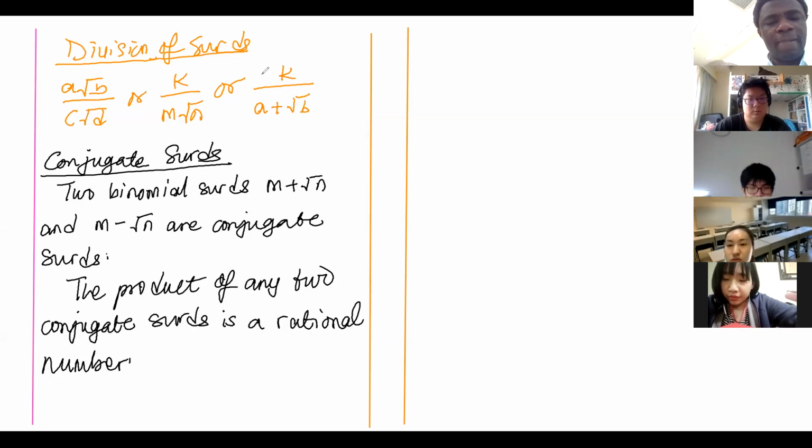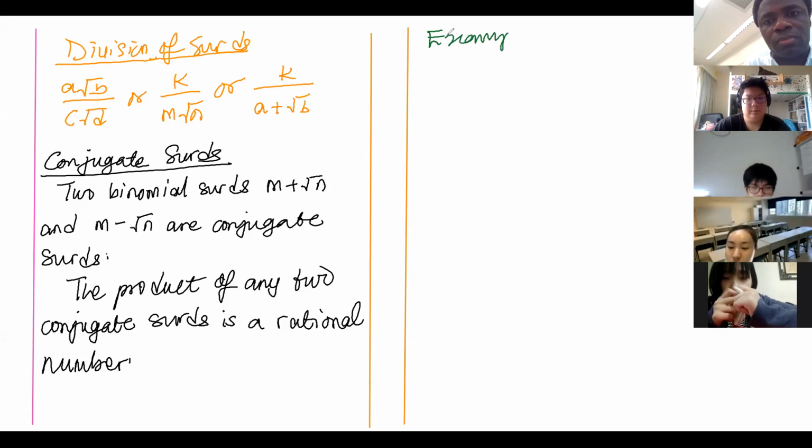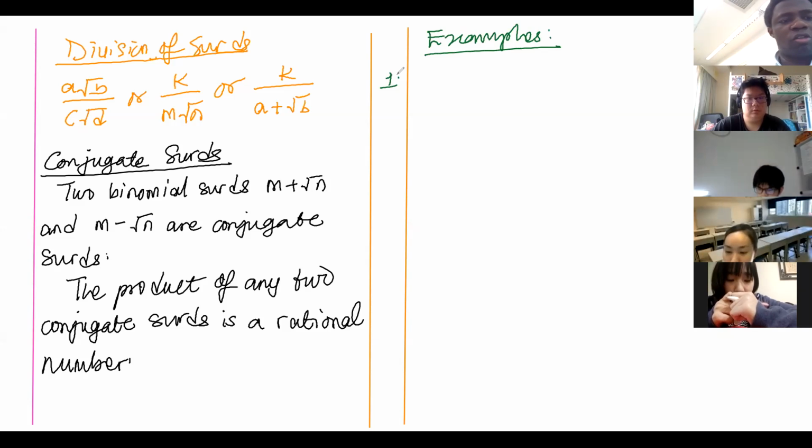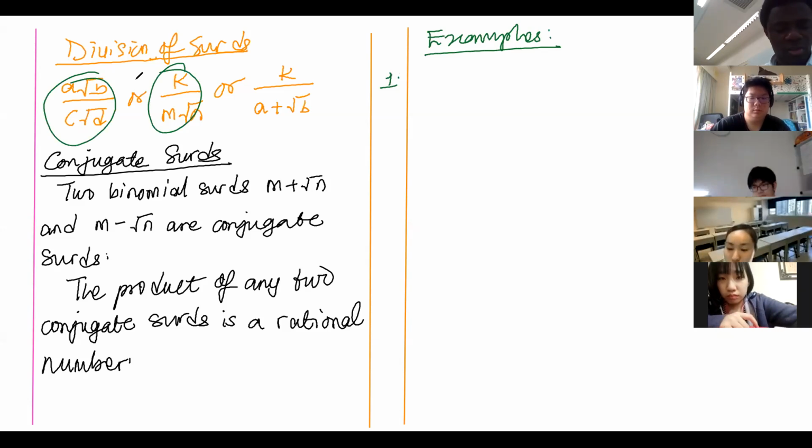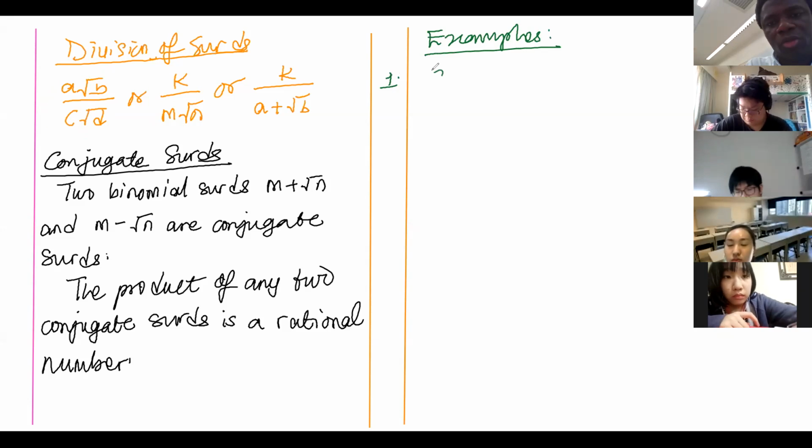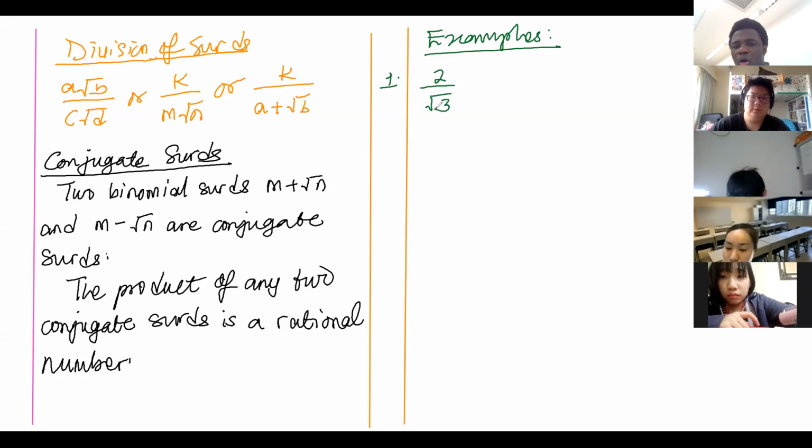Okay, so quickly now, to rationalize a surd, that's another thing that I forgot to mention. So when you say to rationalize a surd, let's put it this way, example. For the case of monomial, like 2 divided by root 3, we are always trying not to have a square root here.